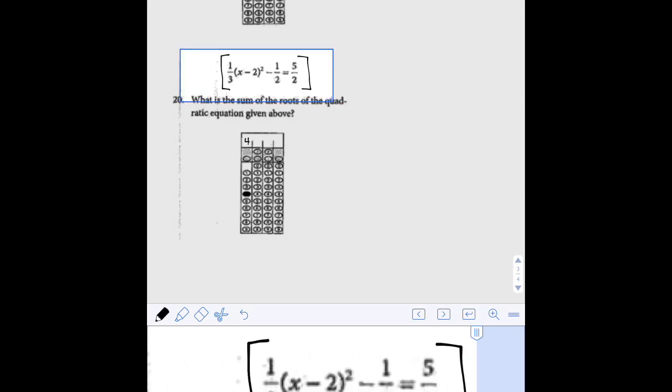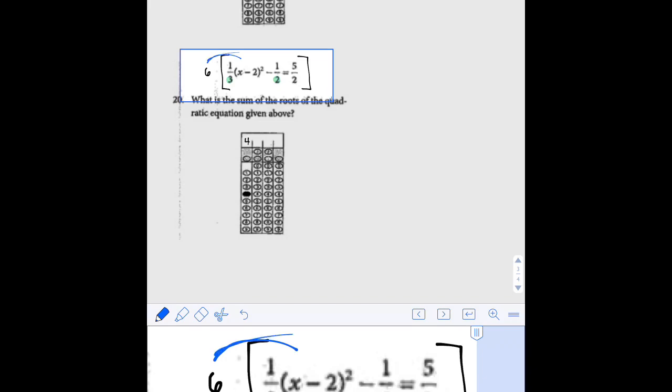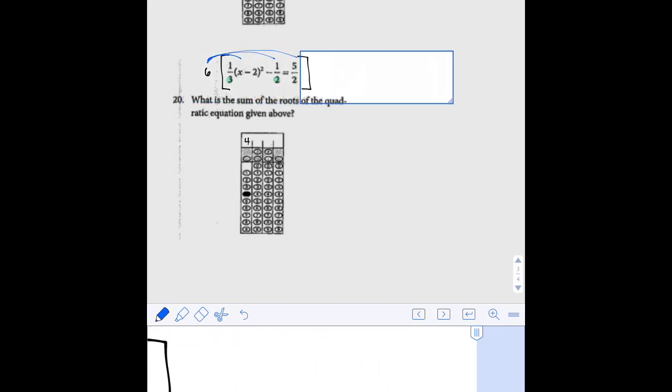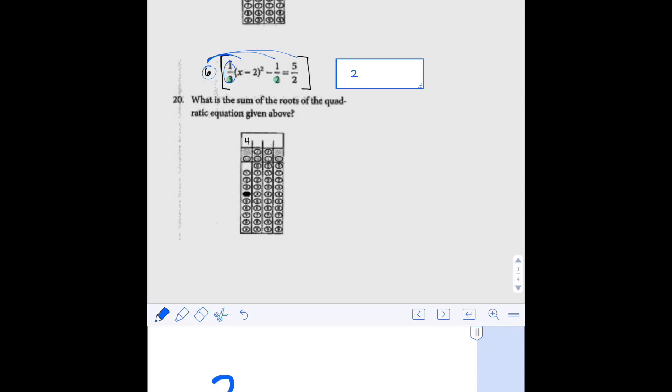All right, in problem number 20, your goal is to clear the denominator. That should always be your goal when you see fractions. The thing I want to multiply by is 6, because 3 and 2 are my denominators and those are both factors of 6. Okay, if I distribute the 6 to each of these, first quantity, I'm going to be taking 1/3 times 6, so I'm going to be left with a 2.